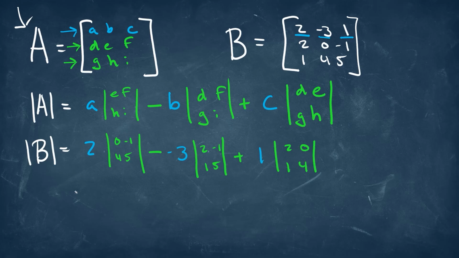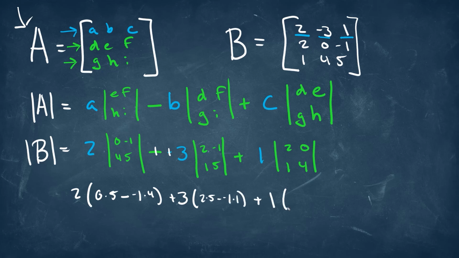Simplifying this is going to give us 2 times 0 times 5 minus a negative 1 times 4. A minus and a minus will change this to plus, so we'll have plus 3 times 2 times 5 minus a negative 1 times 1, plus 1 times 2 times 4 minus 0 times 1.